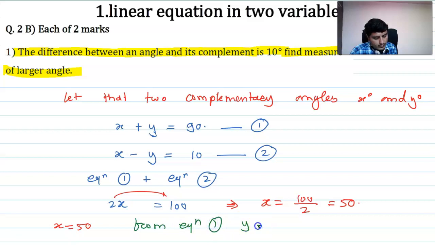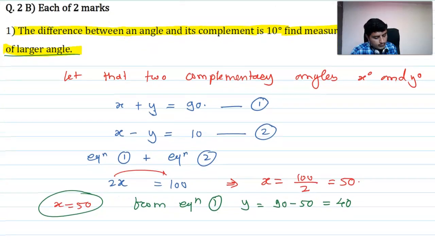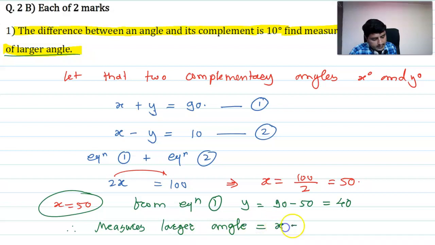So the value of variable y is 90 minus 50, that becomes 40. We have to find the measure of the larger angle. The larger angle is x here. So the value of the larger angle is 50 degrees. Therefore, the measure of the larger angle is x, that means 50 degrees.